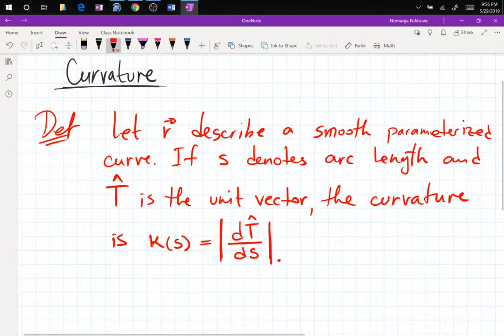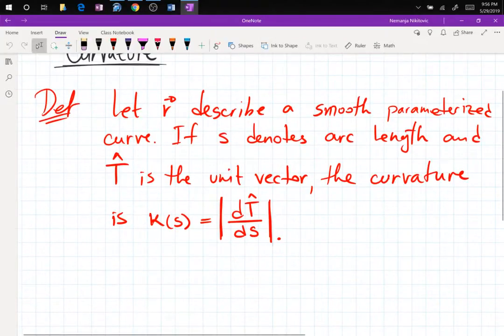If there is not a lot of curvature, the unit tangent vector changes very slowly. If there is a lot of curvature, if the loop is small, so it bends quickly, then the tangent vector would change its value rapidly. So we understand the curvature through this formula, but we do not compute with it.